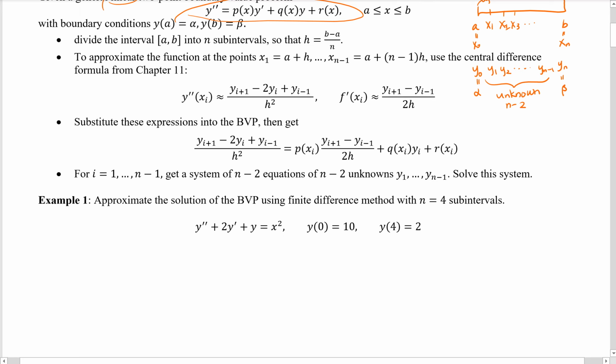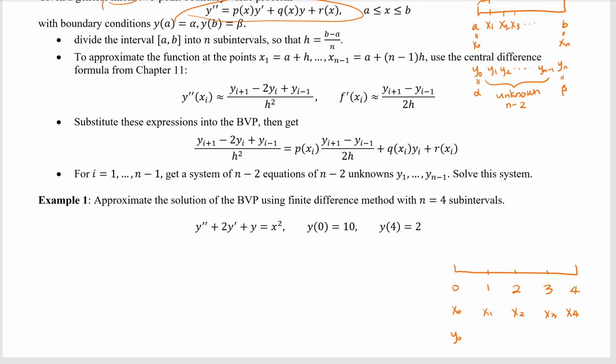Approximate the solution of the boundary value problem using the finite difference method with n equals 4 subintervals. So first, we draw the picture. Here we divide it into 4 subintervals. So y of 0 is 10, so this is 0, this is 4, the midpoint is 2, then this is 1, this is 3. So this is like the A or x0, x1, x2, x3, x4.